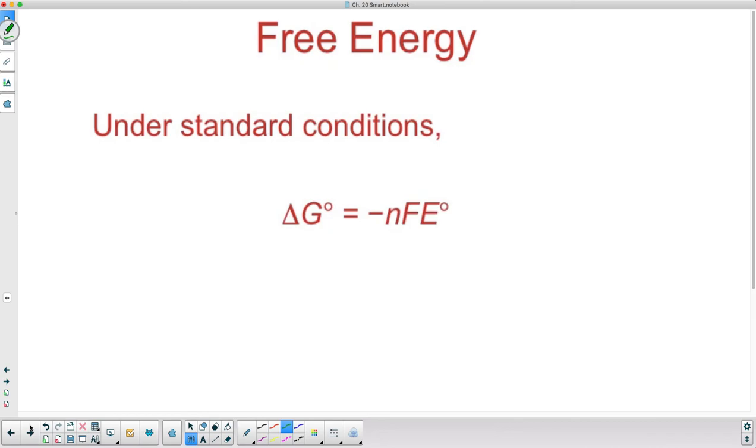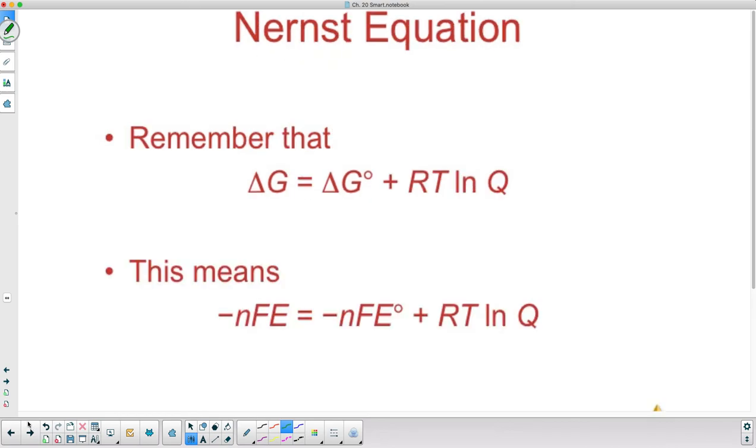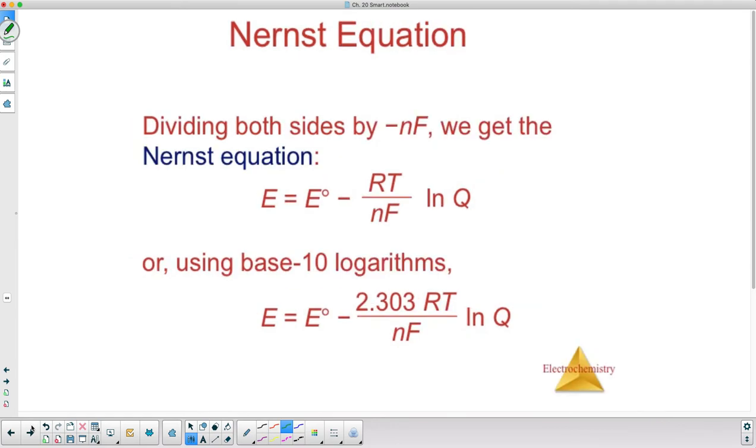Let me just get moving here to something that we can use. The first thing we do is find the E standard using the reduction potentials on the chart.